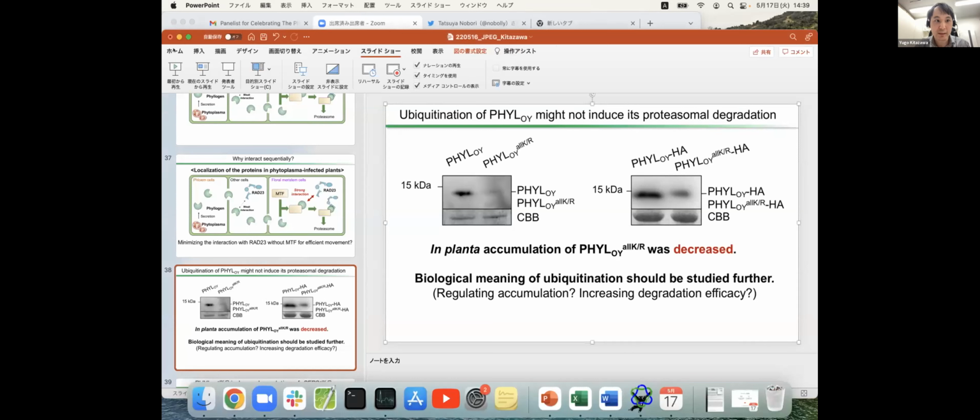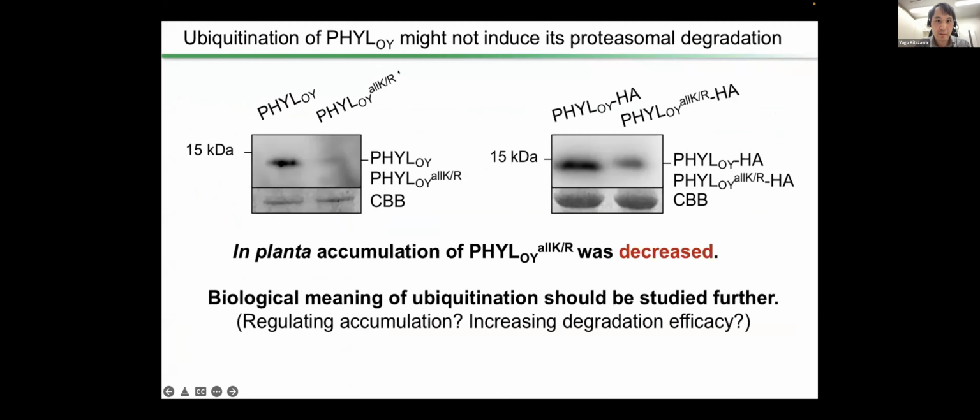This is for the results of the previous question, showing that non-ubiquitinated mutants cannot accumulate in planta.